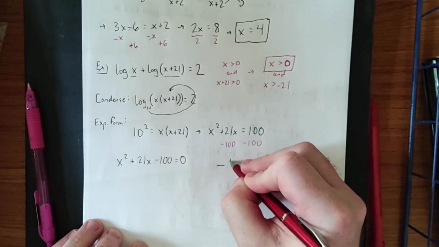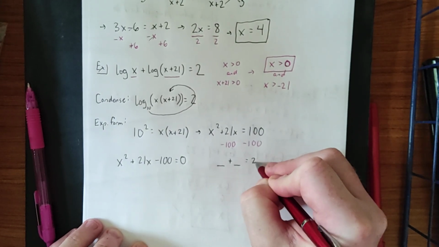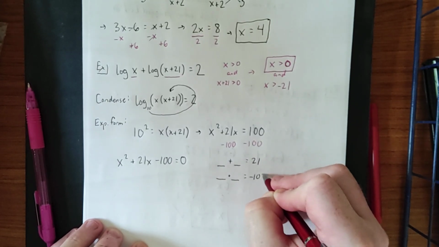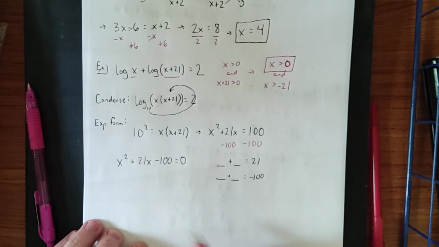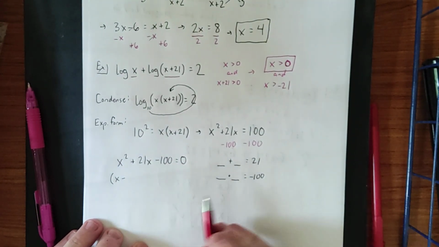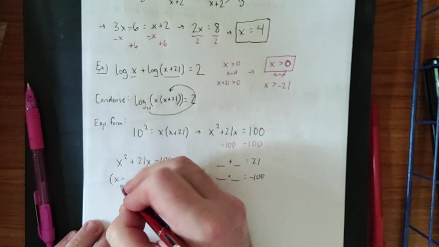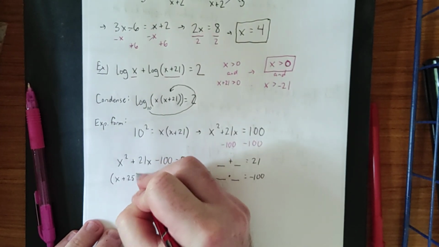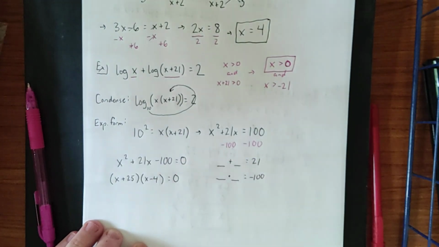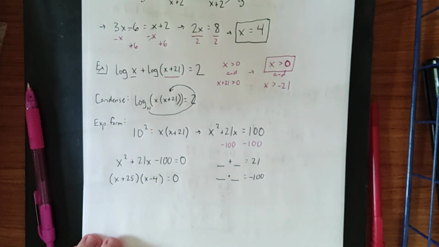We're looking for two numbers that when we add them together, we get positive 21, and when we multiply them, we get negative 100. Those two numbers are positive 25 and negative 4.